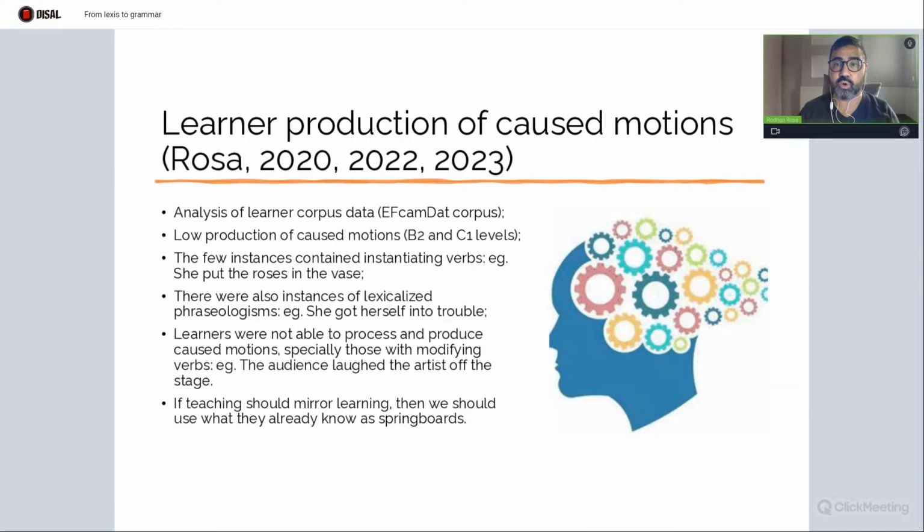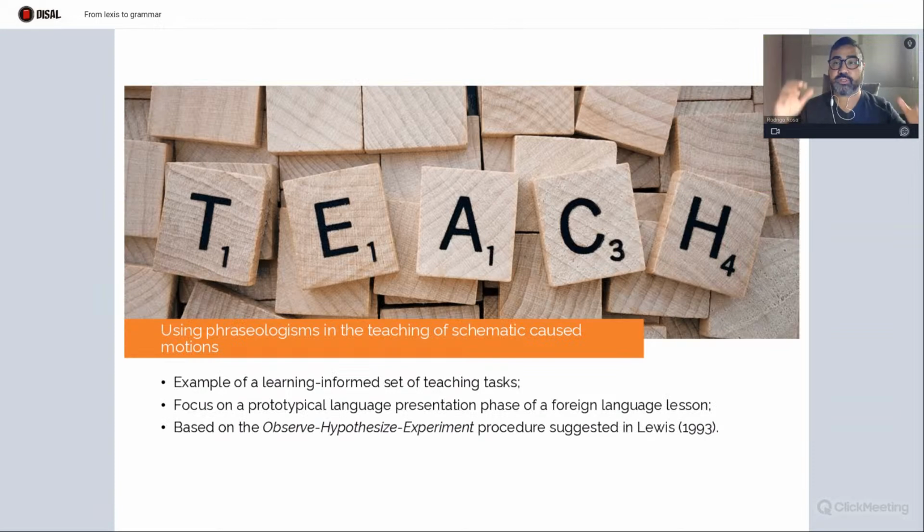So this is basically what the most current applied perspectives on language teaching are going to defend. So if that is really true, then we could go for some perspectives, since it is really true that learners produced so many phraseologisms, some of which contained these caused motion construction structures. Why not make use of this knowledge in order to build something new?